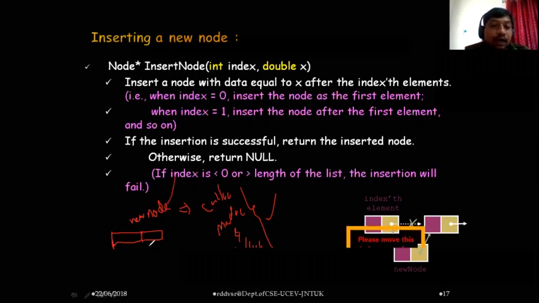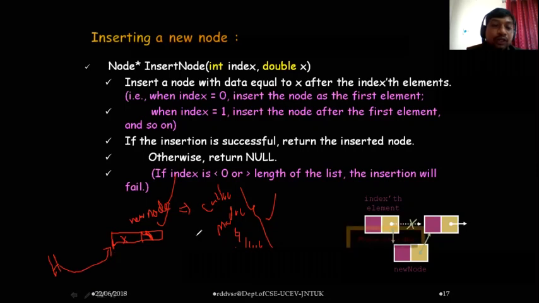After creating, you have to insert your data, say x, into the data position of the new node, and the link field, initially, is null. Why? Because this is our first element. We'll create one more pointer, that is the header pointer. Now the header pointer points to this new node.